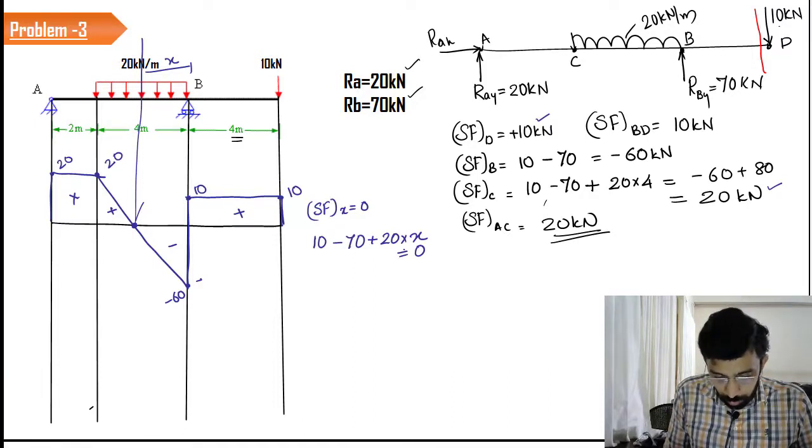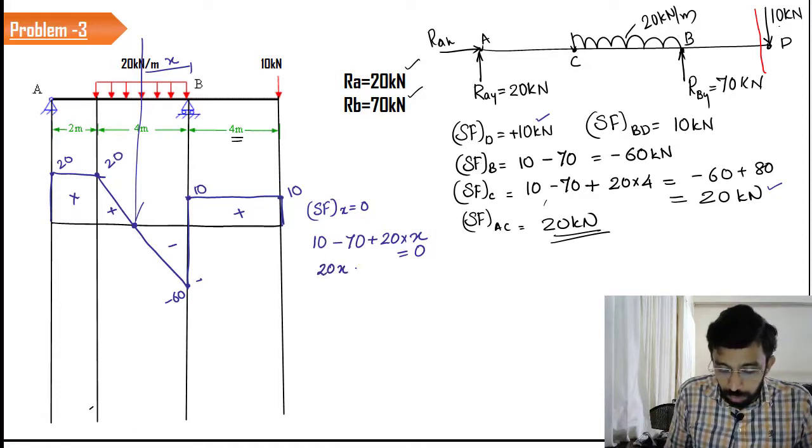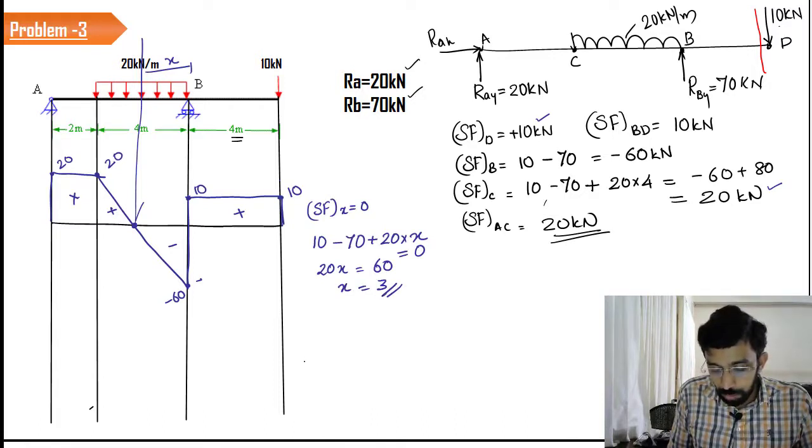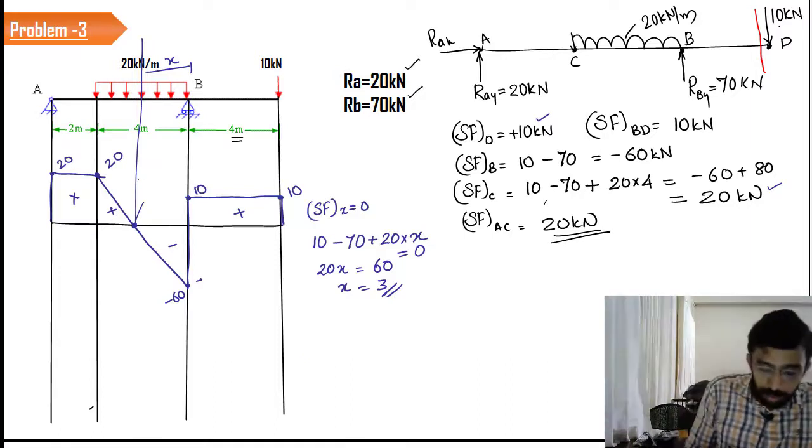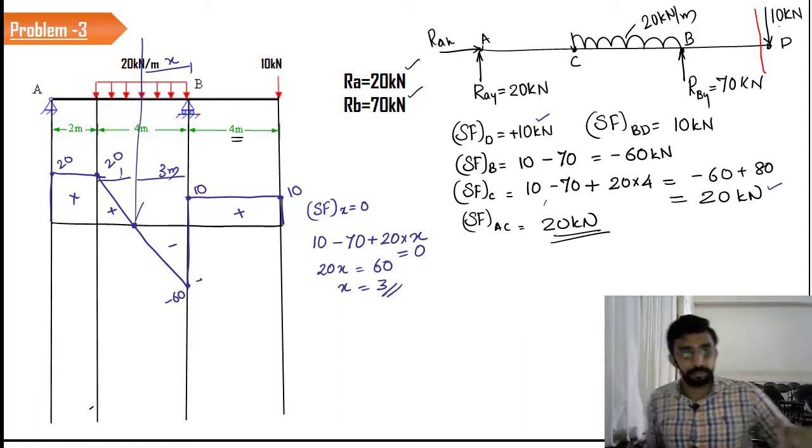This should be equal to 0. So upon solving, you can say that 20x is equal to 60. x should be equal to 3 meters. That means this distance will be 3 meters and this is going to be 1 meter.